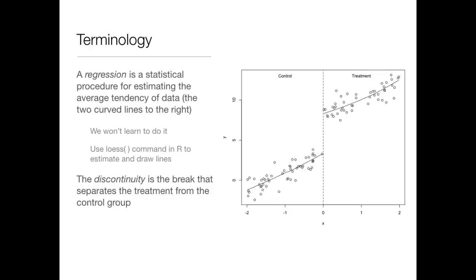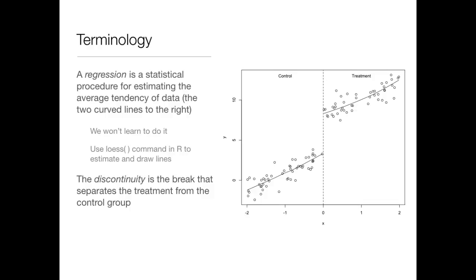And later on we'll talk about how to see whether or not the difference between the points adjacent to the line on either side is plausibly the result of random chance. So you don't really need to understand regression in order to understand the regression discontinuity design. Now, the discontinuity really is the big deal. It's the break that separates the treatment from the control group.